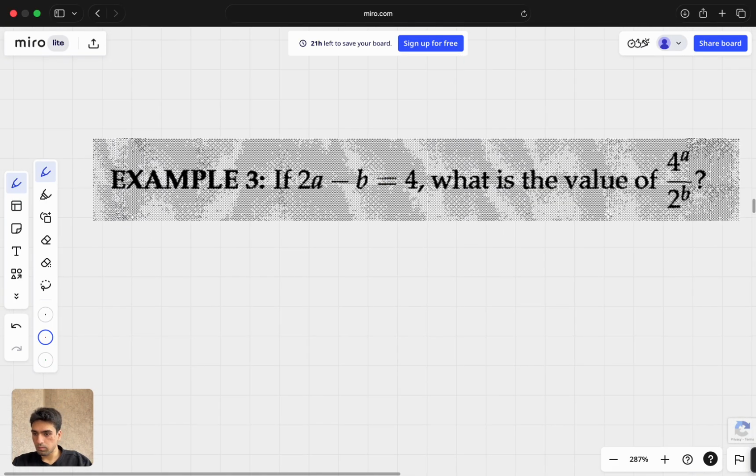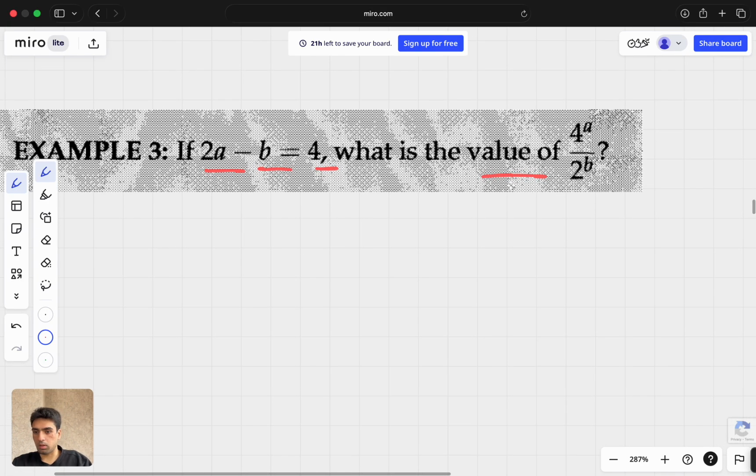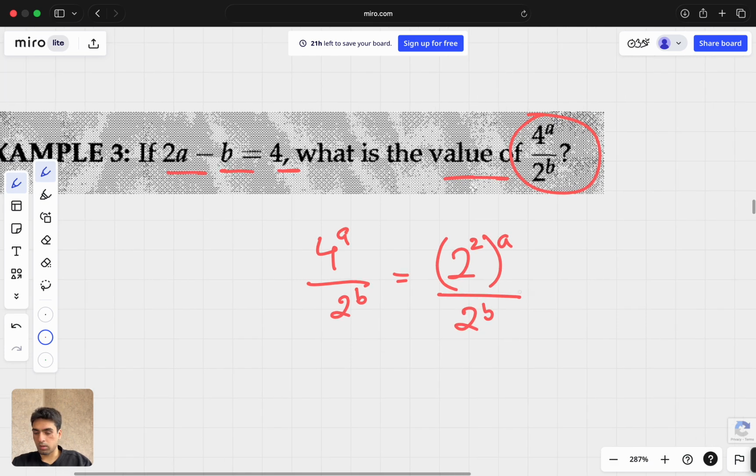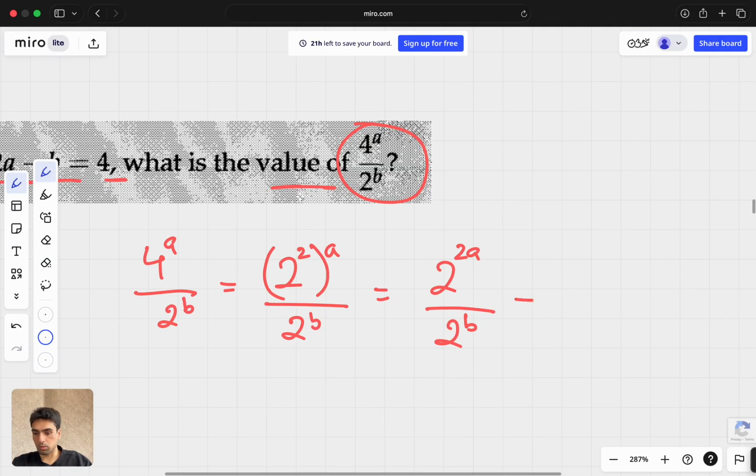Next, it says 2^(2a minus b) is equal to 4. What's the value of this? So always look for a common base. In this case we have 4 and we have 2. I can write 4 as 2 squared, and that's to the power of a, and this is just 2^b. So this is the same as writing 2 to the power of 2a divided by 2 to the power of b. You can use the rule for this.